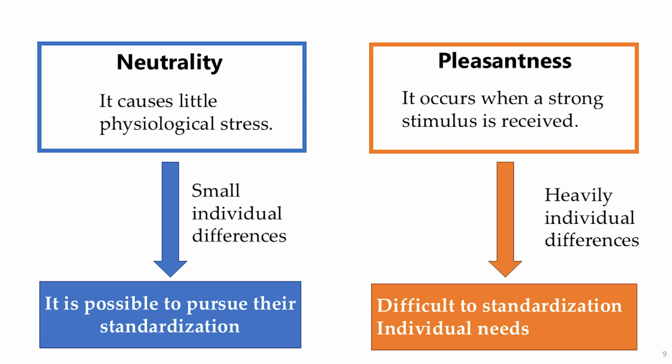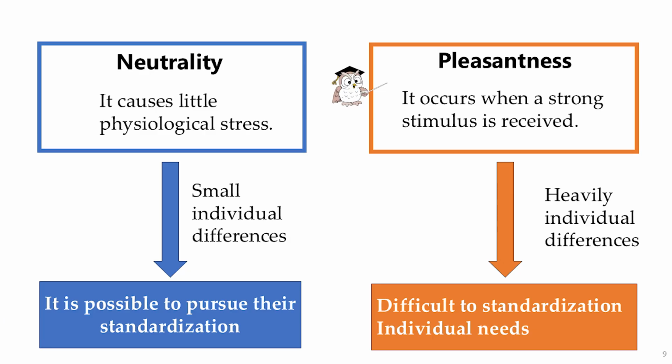Finally, let's summarize the difference between neutrality and pleasantness. Neutrality causes little physiological stress. For example, it is a state where you feel neither hot nor cold. Because of this, since individual differences are small, it is possible to pursue their standardization.